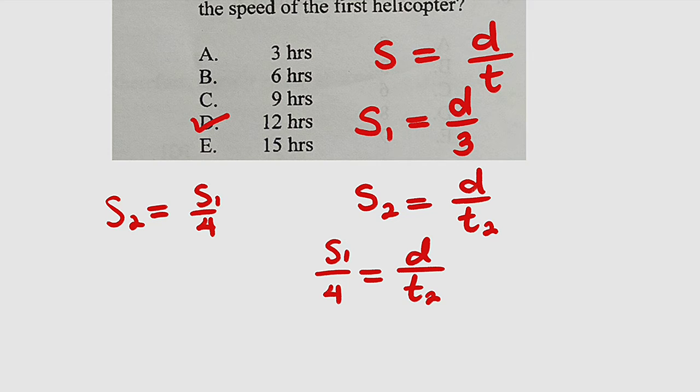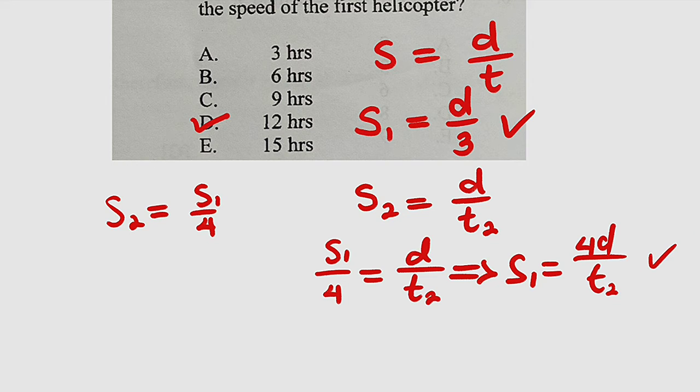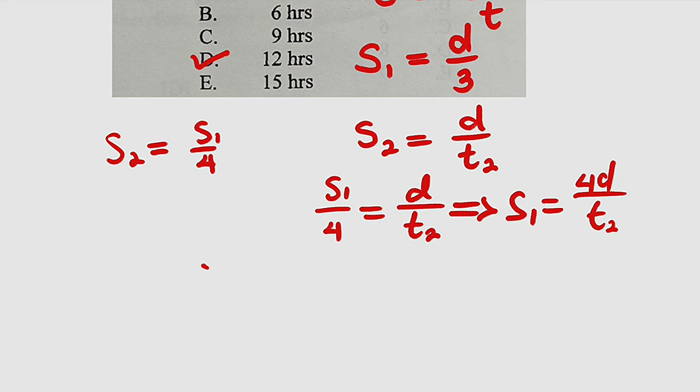And we can now multiply both sides by 4. This implies that S1 is equal to 4D divided by T2. Our main goal is to find this T2. You can see that this equation and this equation are both expressed in terms of S1, so we can equate their right hand sides. Therefore, D divided by 3 is equal to 4D divided by T2. And how do you make T2 the subject?